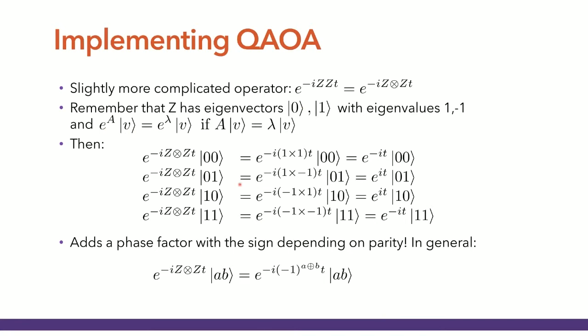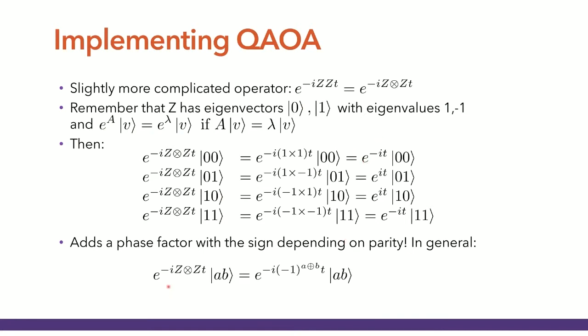And from this, you can simply write out the action of this operator on all computational basis states. By writing out its action on all of the basis states, we can see that it adds a phase with the sign depending on the parity.